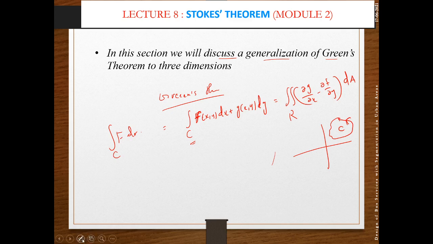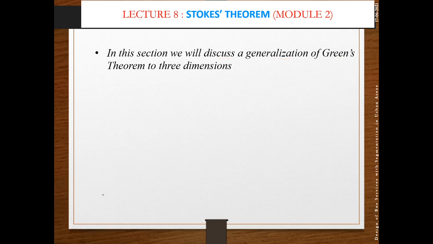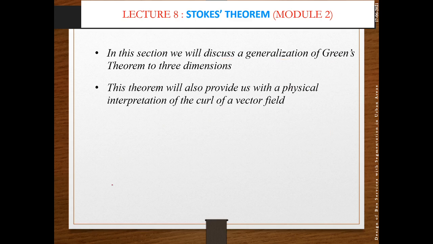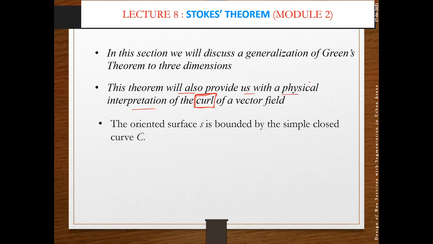Now, this Stokes theorem will also provide us a physical interpretation of curl. We will also study the application of curl of a vector field in this theorem. And this theorem is a generalization of Green's theorem.